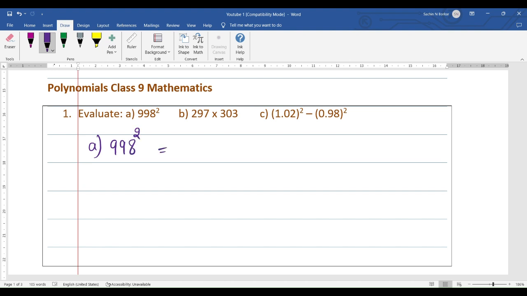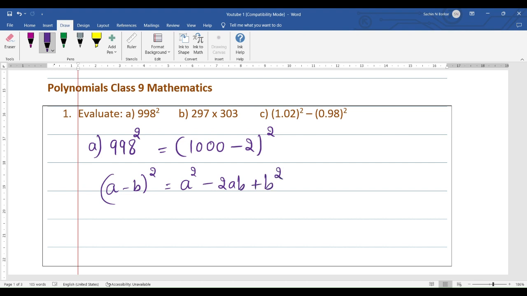So 998 can be written as 1000 minus 2 whole square, where I use (a minus b) whole square, so I get a square minus 2ab plus b square. So a being 1000 and b being 2.